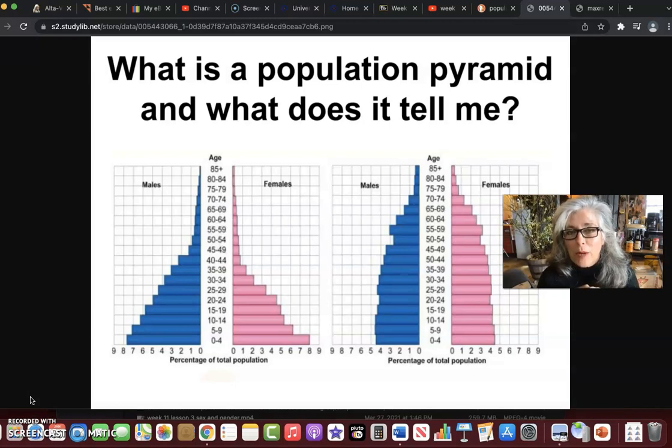A population pyramid tells us a couple of things. These two different population pyramids represent a particular decade in a particular place. So typically population pyramids tell you we're talking about this particular country, this particular region, and this particular 10-year period, usually 10-year periods, because that's when we get our census data.